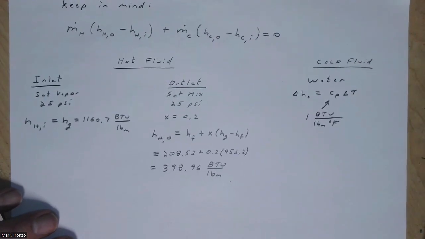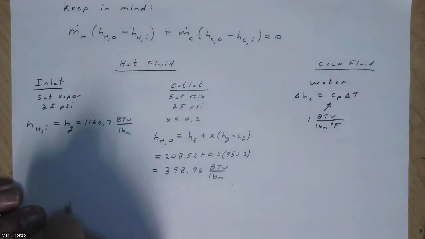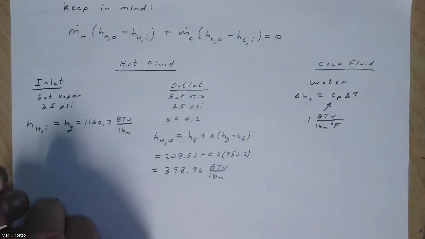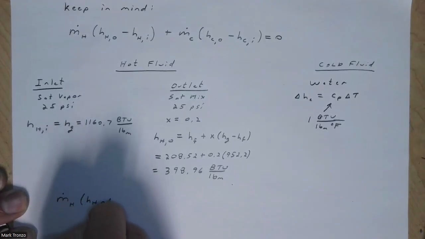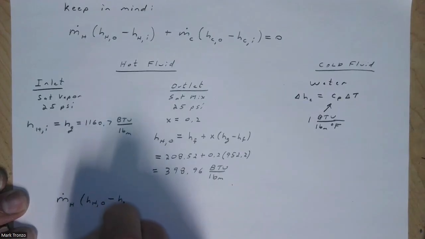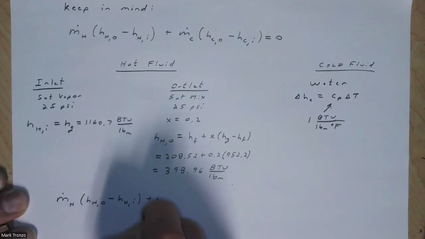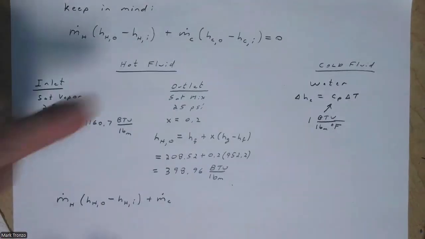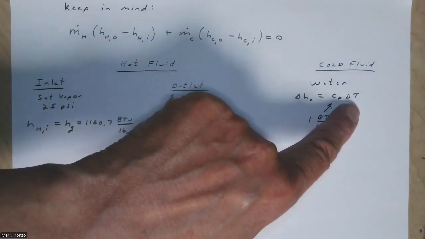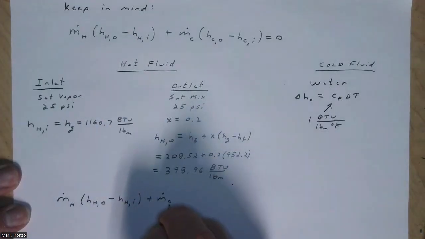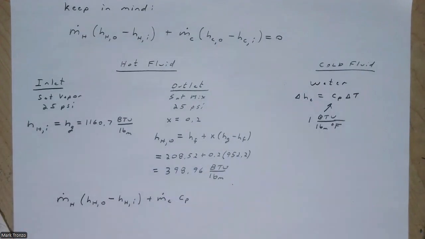So let's put everything into our equation. Once again, we have this equation up here. And for this CO minus CI, we use just CP delta T. And again, we want to find the temperature.